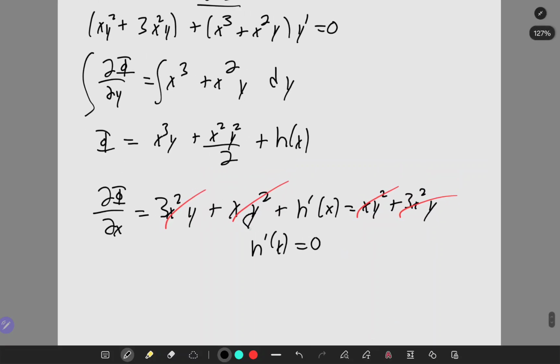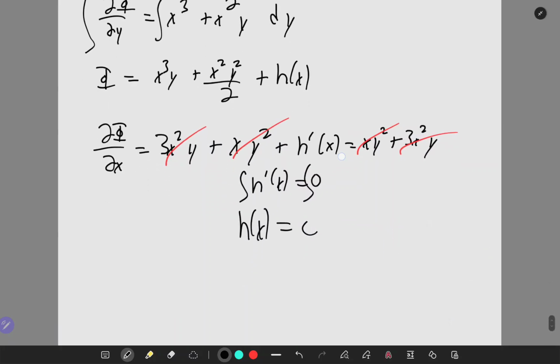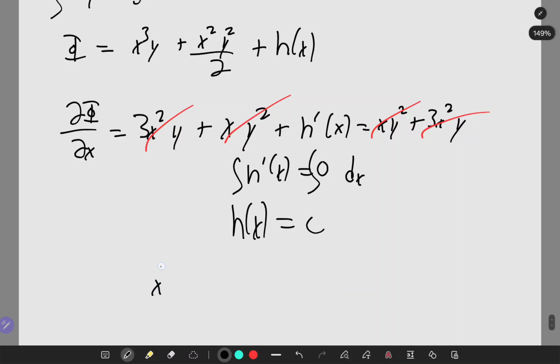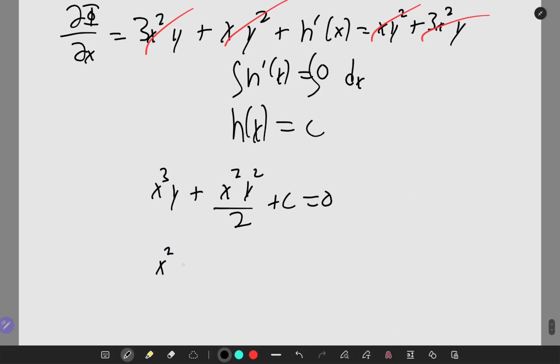So that tells us h is a constant. Now, plug that back in here. x cubed y plus x squared y squared over 2 plus c is equal to 0. This can be rewritten.